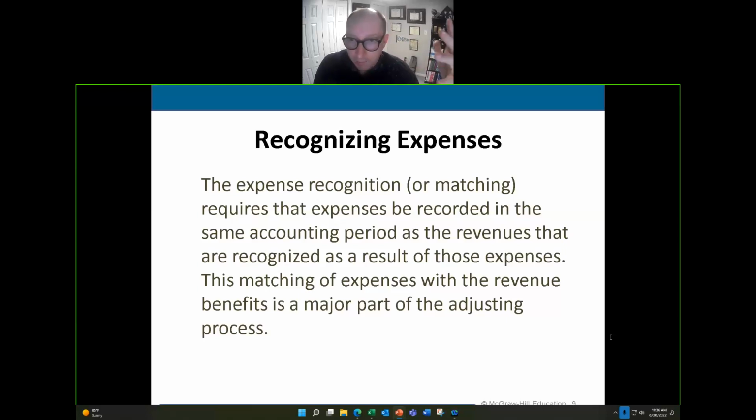Because, again, most companies use the accrual-based accounting system, which is why it's important for you, but also it's used for the generally accepted accounting principles in the United States, and it follows when we need to pay our taxes and things like that. So that's why it's so important.